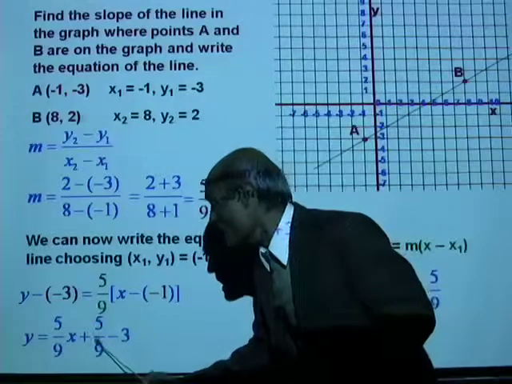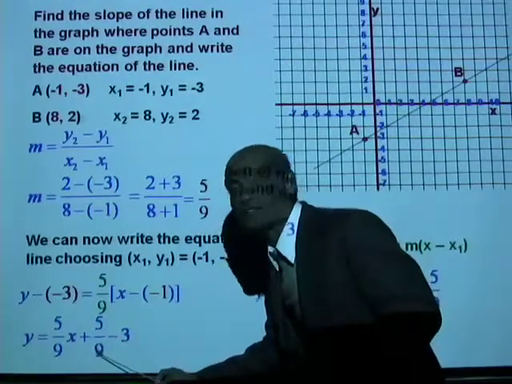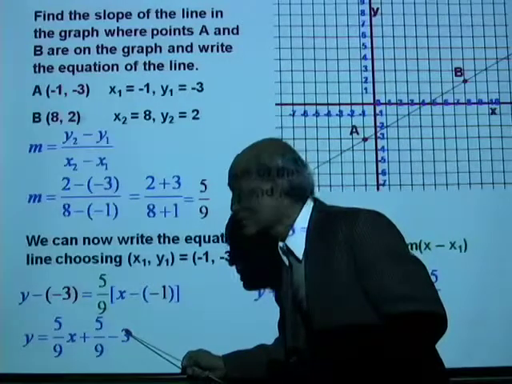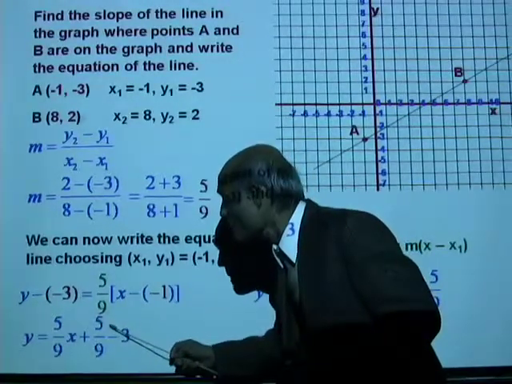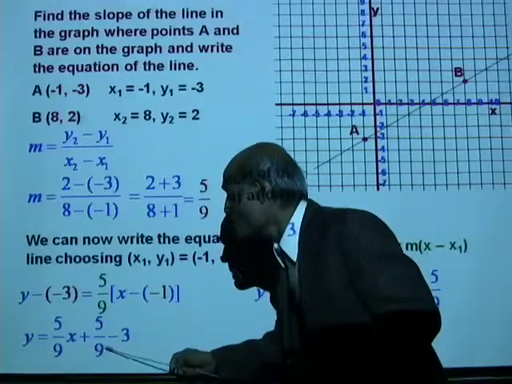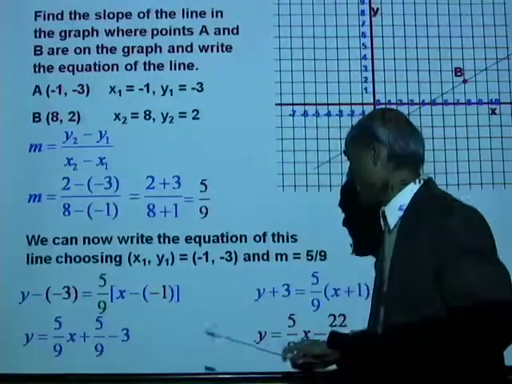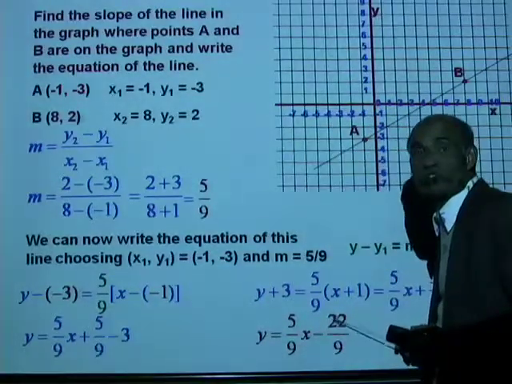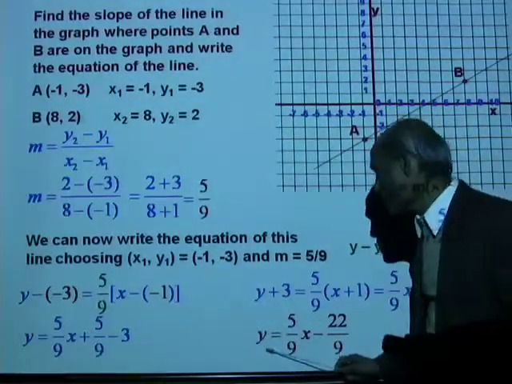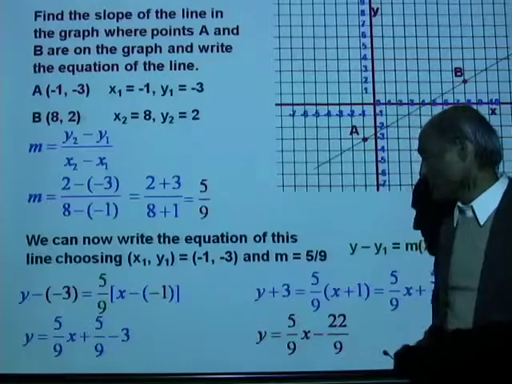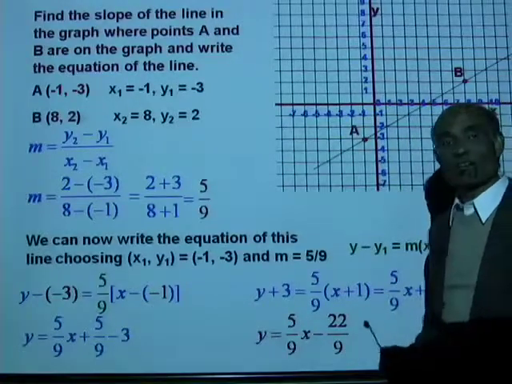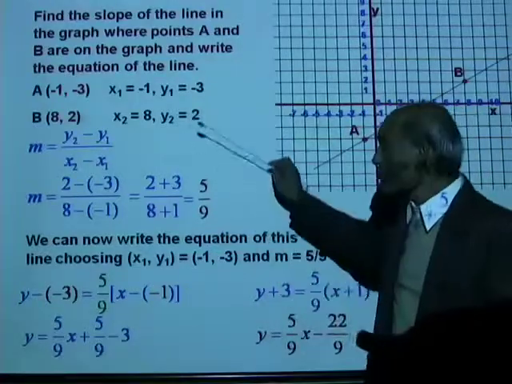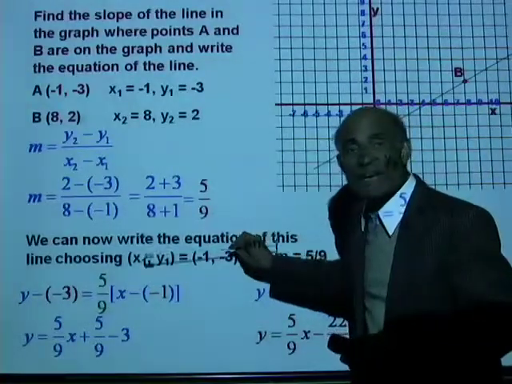Take 9 as the common denominator. The 9 will multiply by 3, giving you 27. The numerator will be 5 minus 27, and the denominator will be 9. And 5 minus 27 is -22. So the answer is y equal to 5/9x minus 22/9.